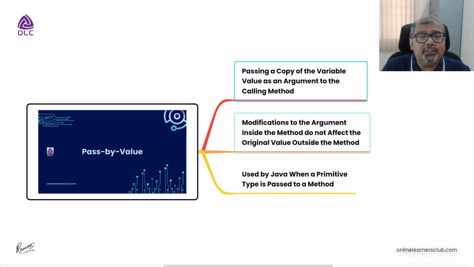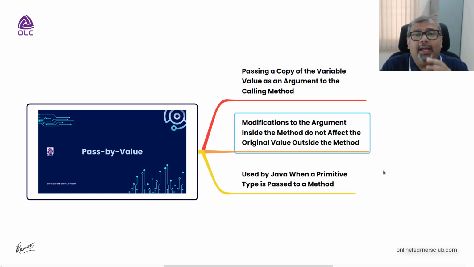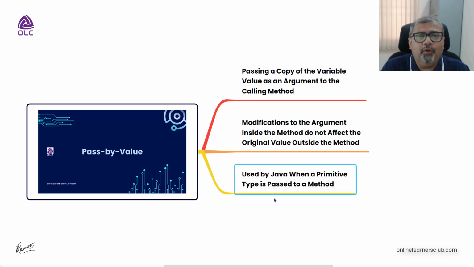So modifications to the argument inside the method, which means I have got the copy, if I do some changes to that particular value, it does not affect the value outside the respective calling method. So this is very much important, which is used by Java whenever a primitive type is passed to a particular method. So let us understand what is passed by value by taking a simple example.